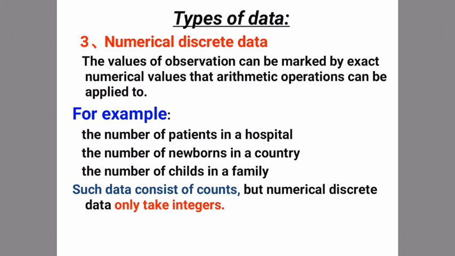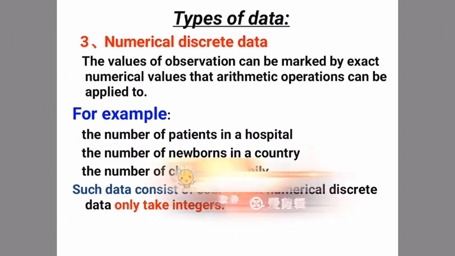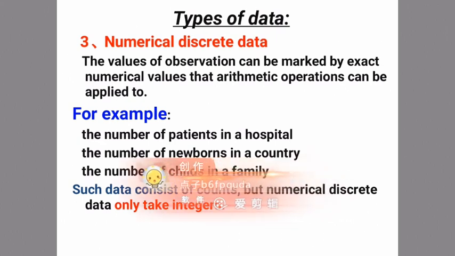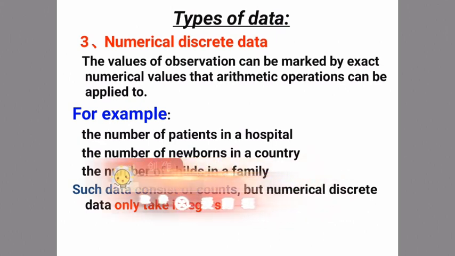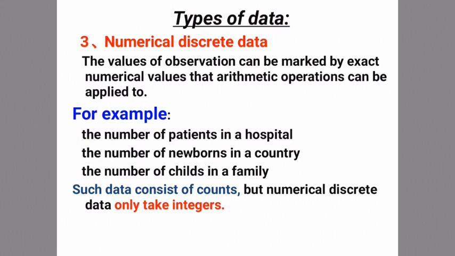Each baby has an exact number of teeth, maybe 10, maybe 6, maybe 14, maybe 16. Those are exact numerical values, and they are all integers. It is impossible to take a value with decimals.